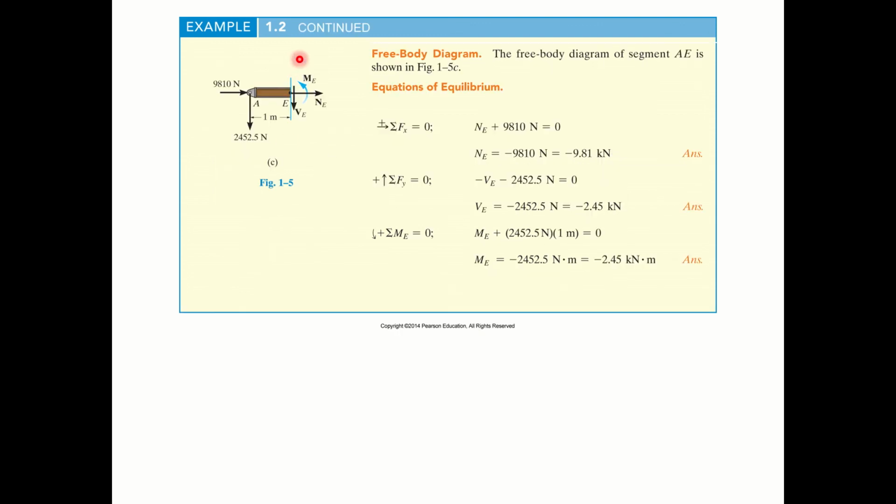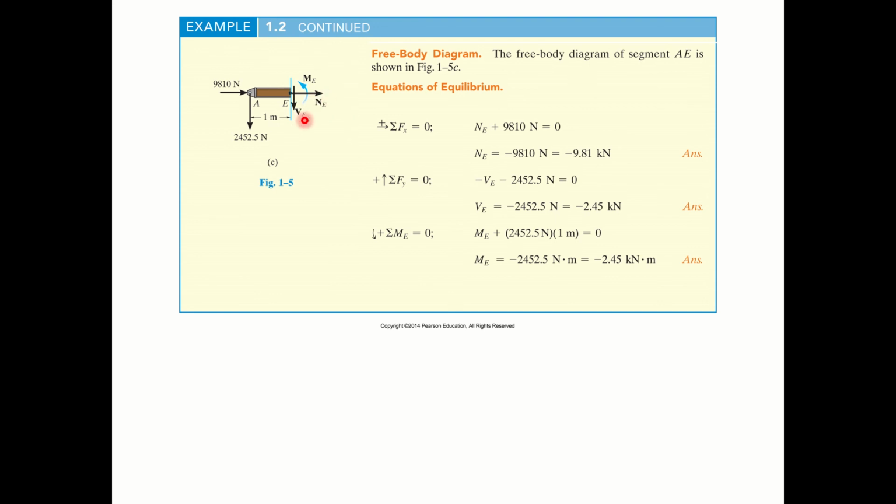Okay, along the E point, you have what? You have the normal force, you have the shear force, you have the moment, and you have to do what? Do force balance and momentum balance, right? At the E point, you could calculate the vertical force and the normal force.